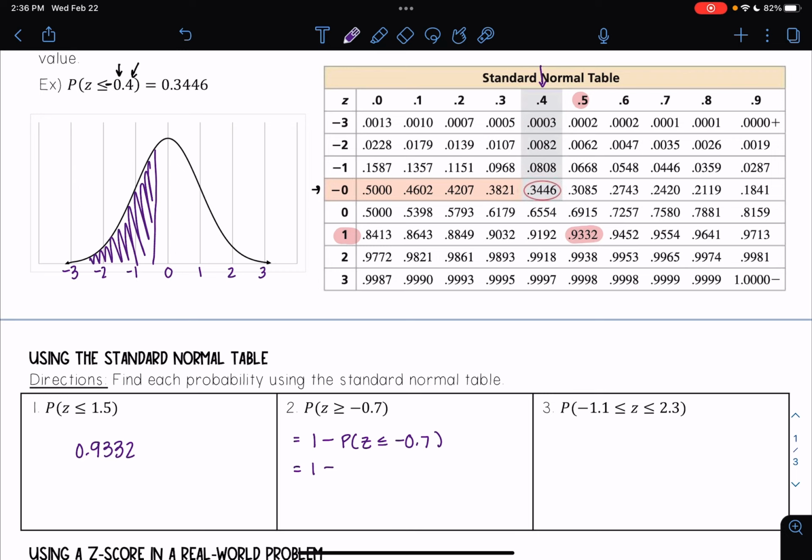So I'm going to go to negative 0.7, starting at negative 0, and I want to go to 0.7, so that is going to be this value right here. So I have 1 minus 0.2420, and when I do that, I get that this is equal to 0.758.